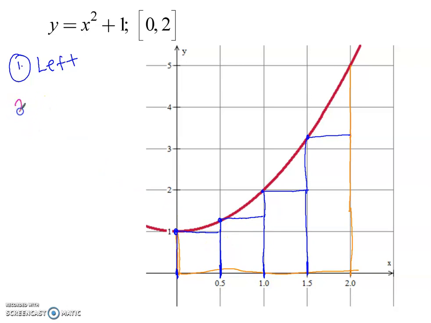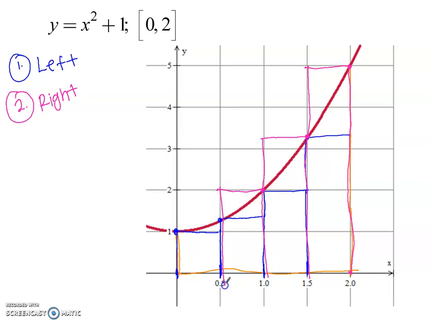The second type we have is a right-hand sum. So it's the same process from the left, except we start on the right. You're going to go all the way up to the graph. So this will be the height of the first rectangle. Then from here, go up to the graph. That would be the height of the second.